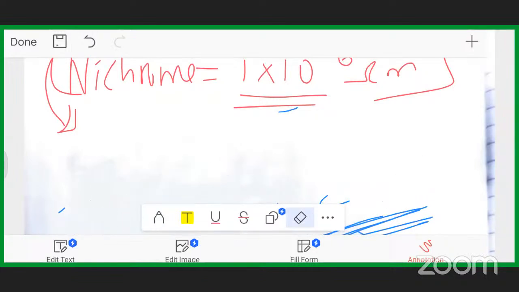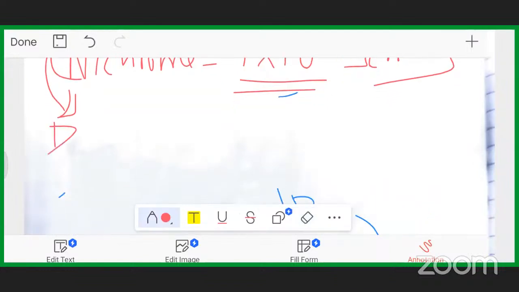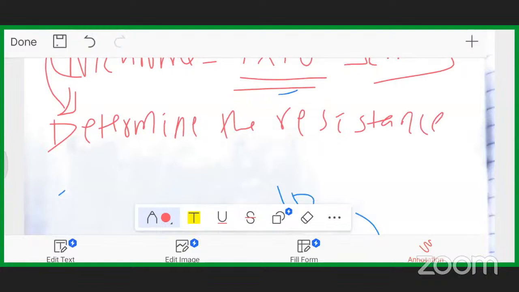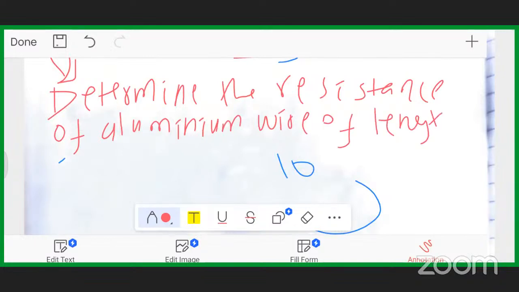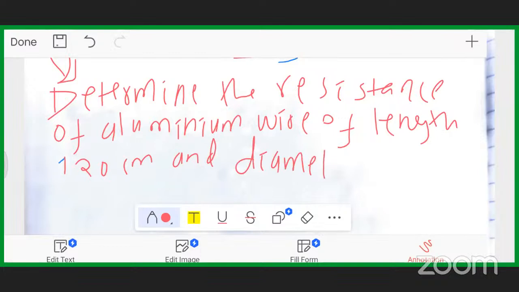Say that, determine the resistance of aluminium wire of length 120 centimeters and diameter 0.2 centimeters.